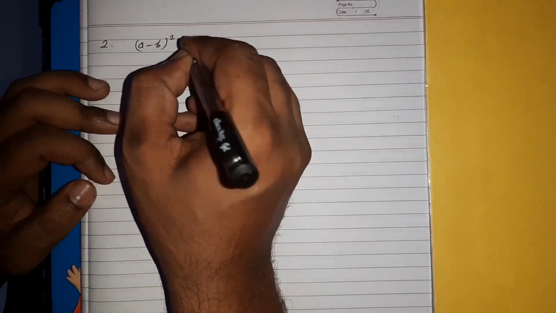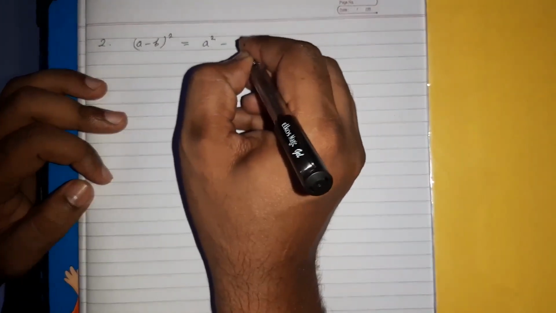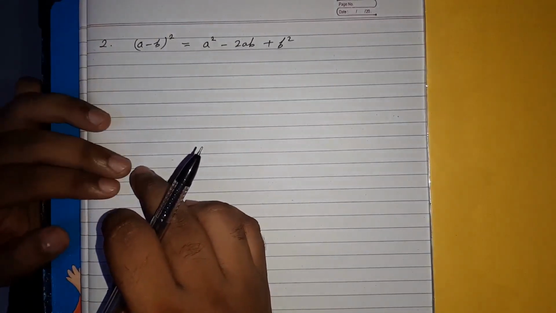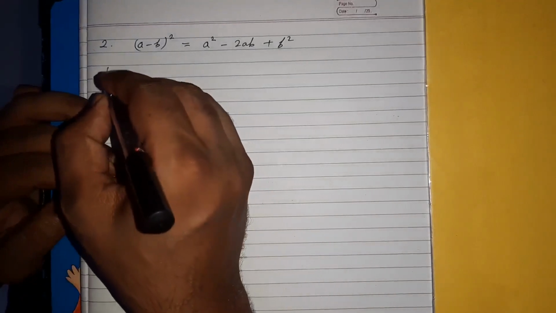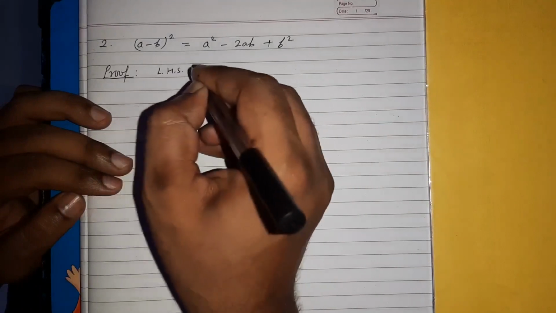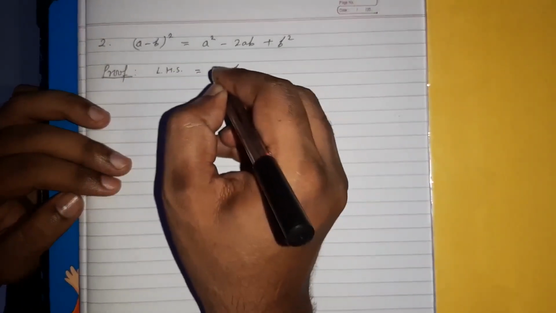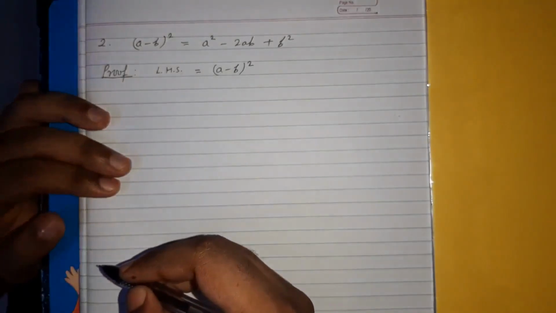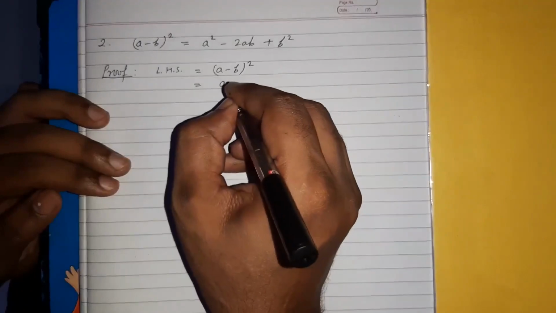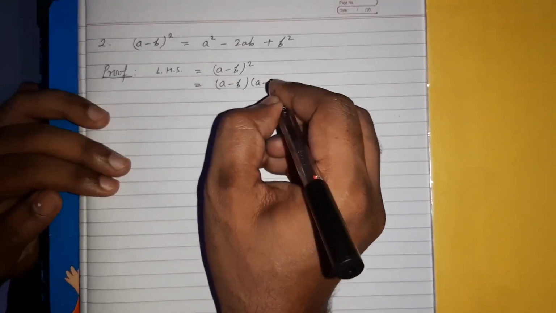The second identity is (a minus b) whole square, and it is equal to a square minus 2ab plus b square. We can also prove this identity. For the proof, the LHS part is (a minus b) whole square. (a minus b) whole square means we can write (a minus b) two times, (a minus b) multiply (a minus b).